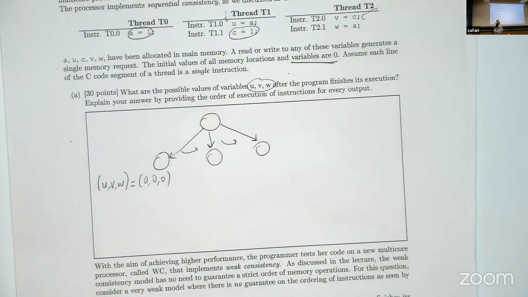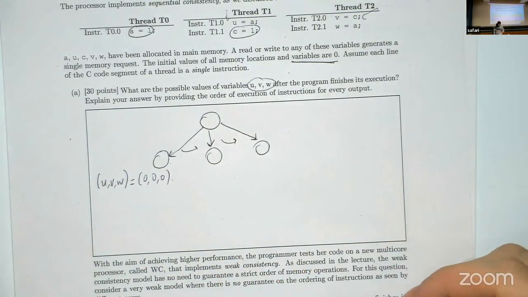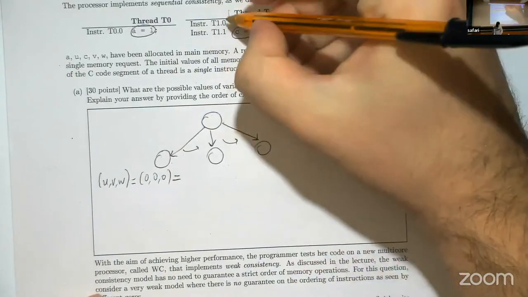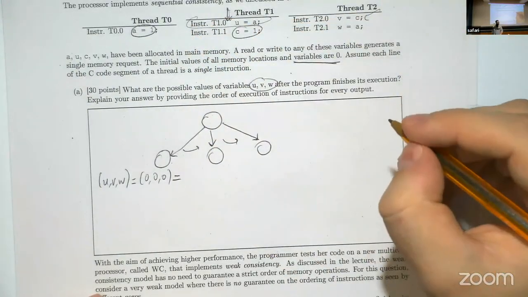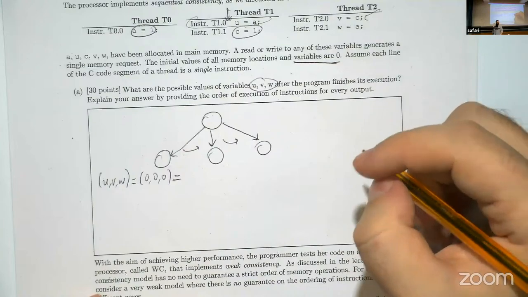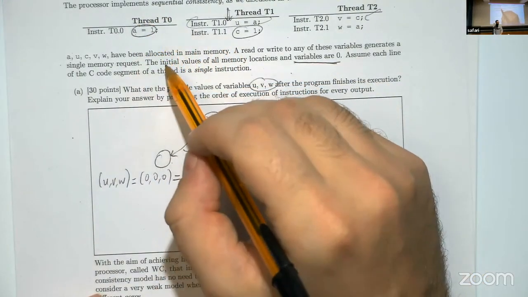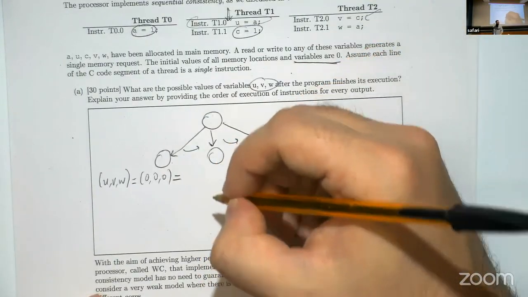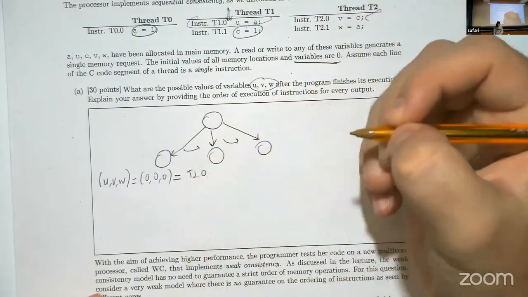And then we ask the question, is it possible with sequential consistency to reach this result, 0, 0, 0? Yes, it is. Why? The clock starts with T10. We go here to T10, and we do U equals A. What's A in the beginning? This has not been executed yet. A is 0, which means that U is 0 in this scenario. So the first one we executed is T10.